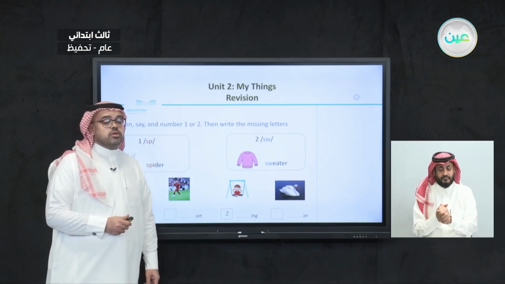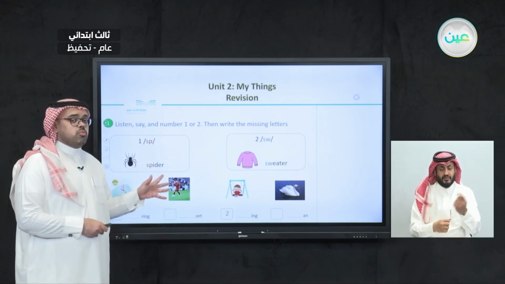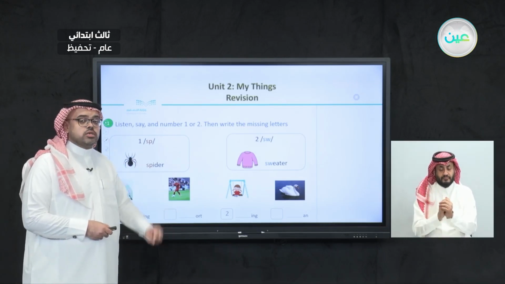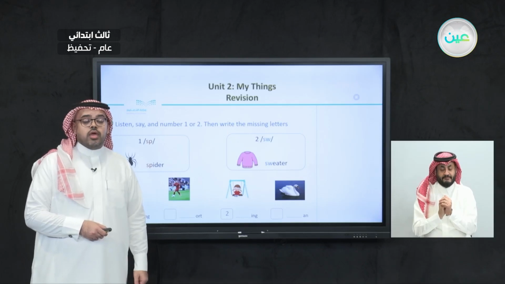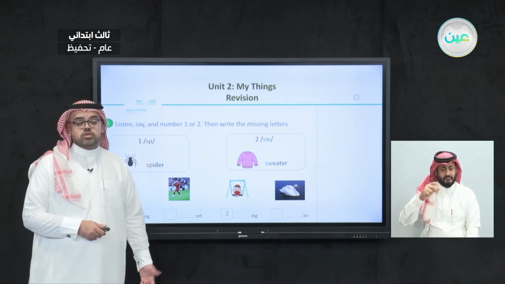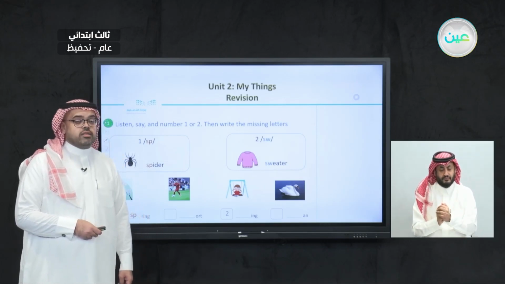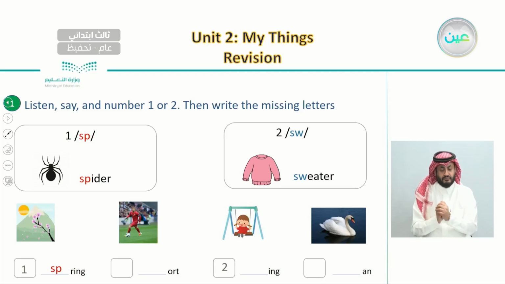It, of course, belongs to the first sound that starts with S and P. So here we go, and we write number 1 in the square. And of course, since it belongs to the first sound, we should fill in the missing letters with S and P as we have here. So the word is spring.